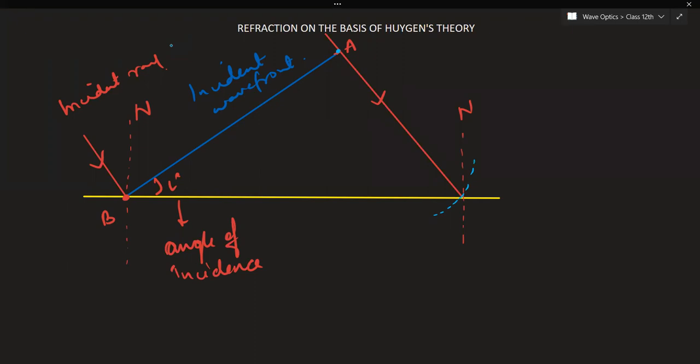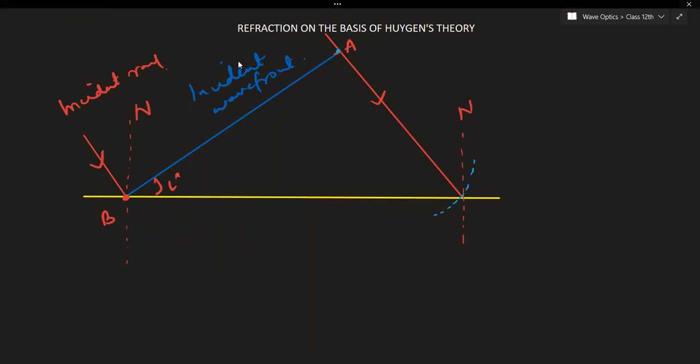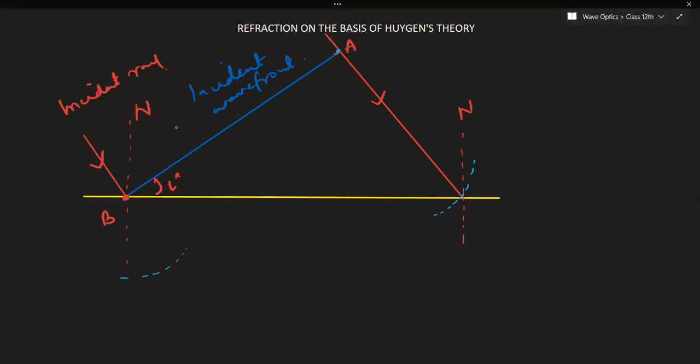So for here, you will obtain the ray at this point because of this point B.